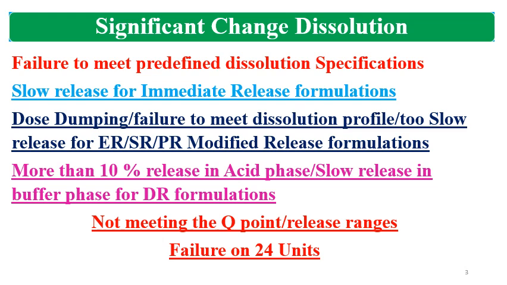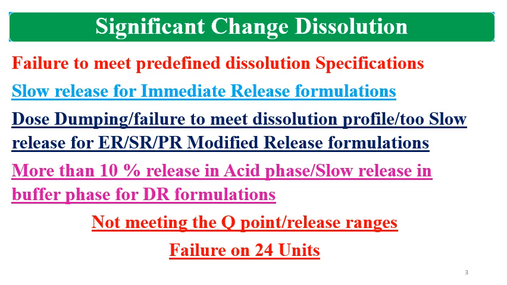Or if your formulation is sustained release, extended release, or prolonged release, and if dose dumping occurs during the stability studies, then you can say that there is a failure in the dissolution.